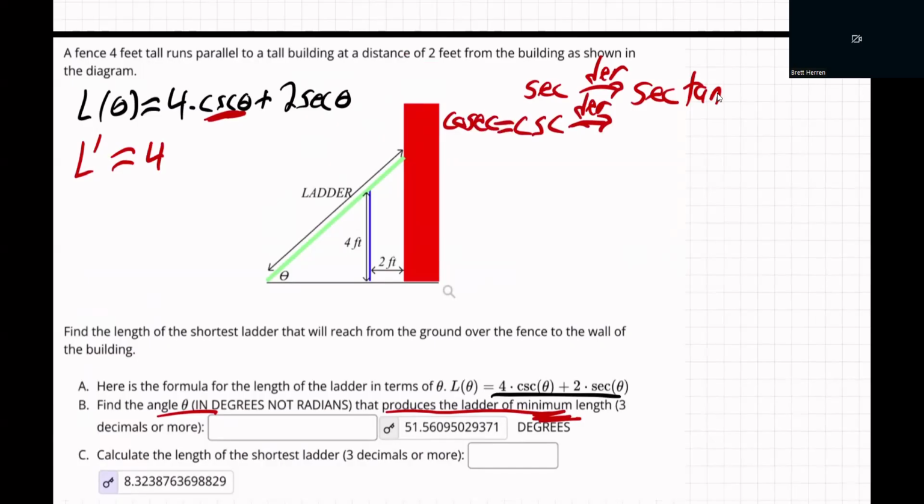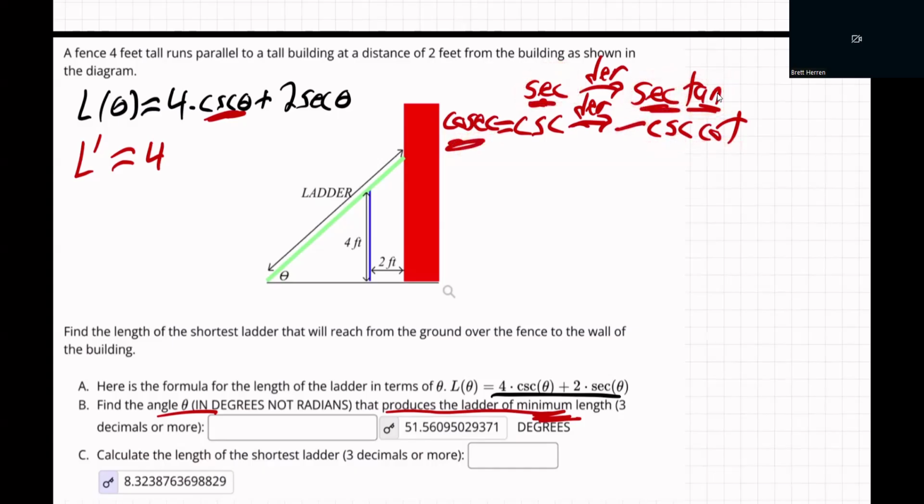The abbreviation is CSC, but it stands for co of secant. Do you see how that makes it easy to remember? Secant goes to secant tangent, and cosecant goes to cosecant cotangent, but it's negative because all cofunctions are negative.